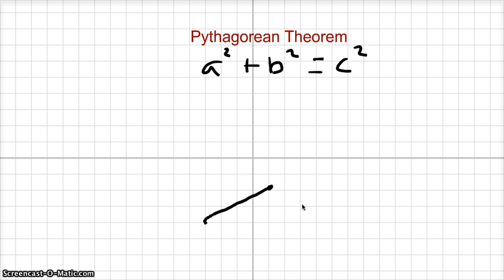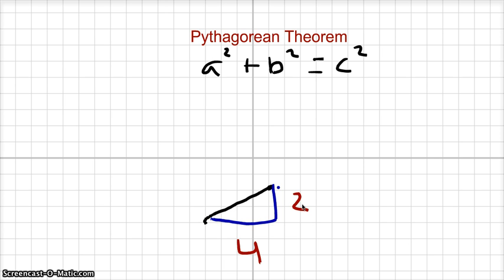But you can use a right triangle to figure it out. So this side here is only 2 units long, and this side here at the bottom is 4 units long. So now I'm going to use Pythagorean theorem to find the same distance.